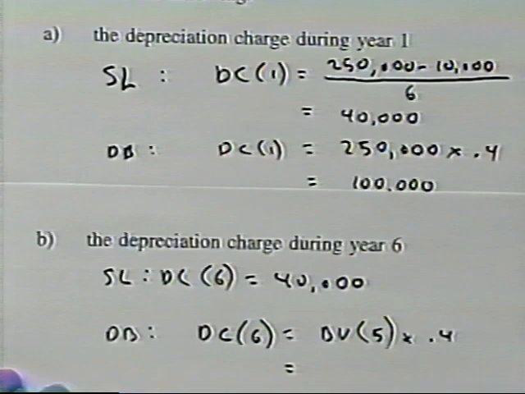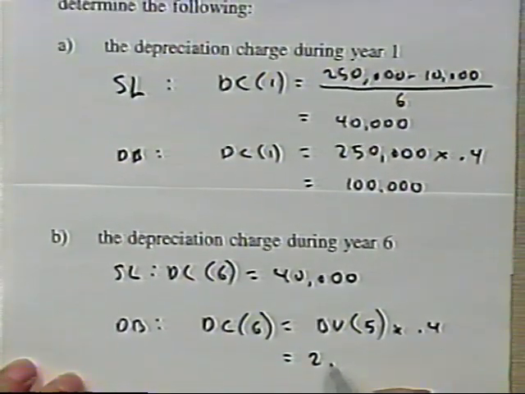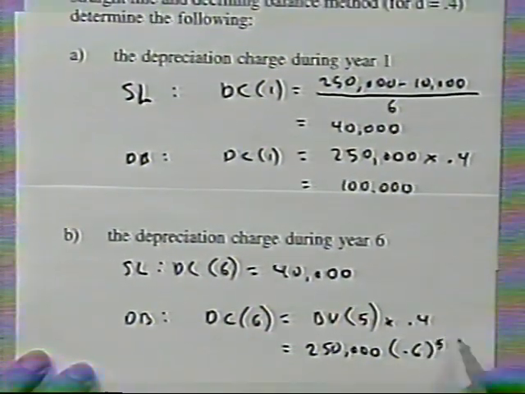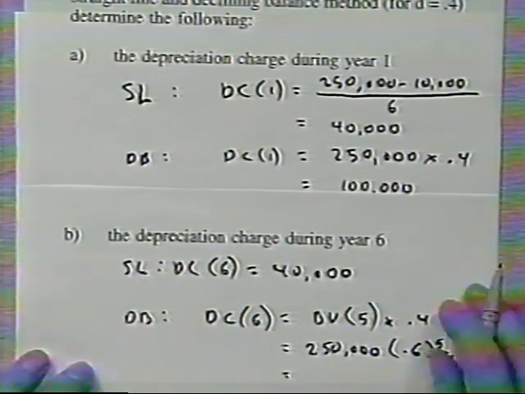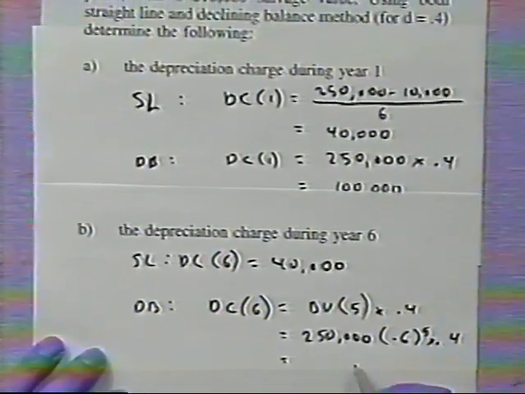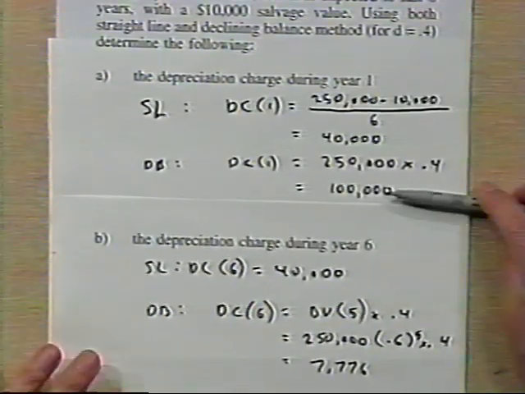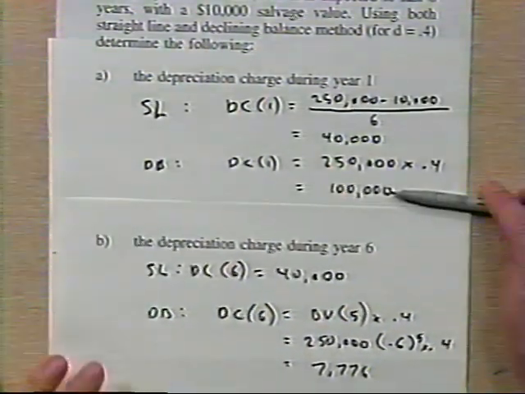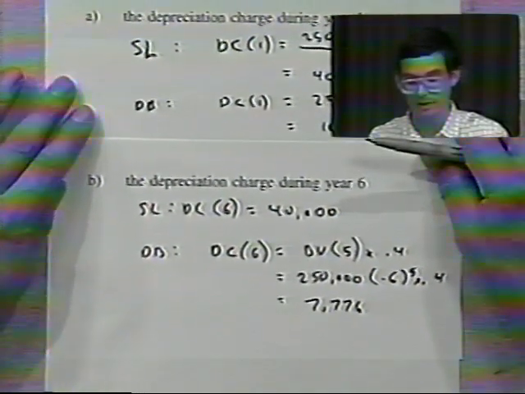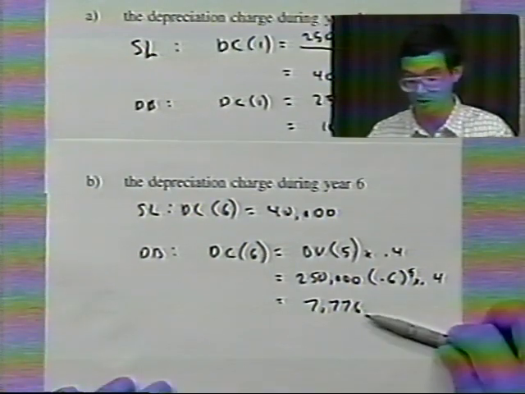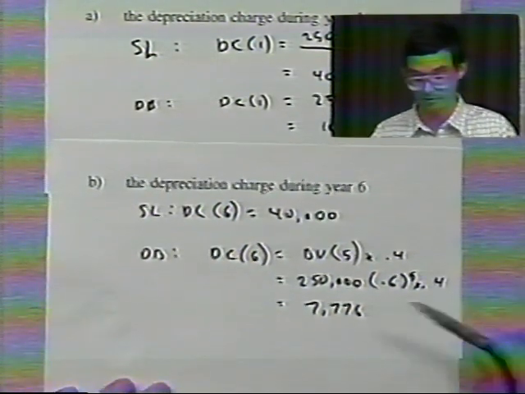The book value in year 5 is $250,000 times 0.6, that's 1 minus d, raised to the 5th power, and that's times 0.4. And that works out to be $7,776. Now, because we had the larger depreciation charge earlier with the declining balance, that has to be made up for later, in essence, which is why this depreciation charge is smaller later.